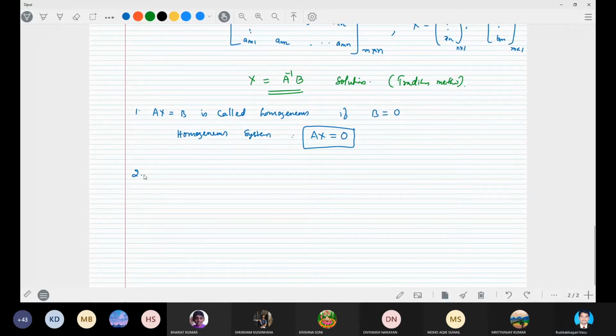Number 2, if B is not equal to 0, then the system is called non-homogeneous.